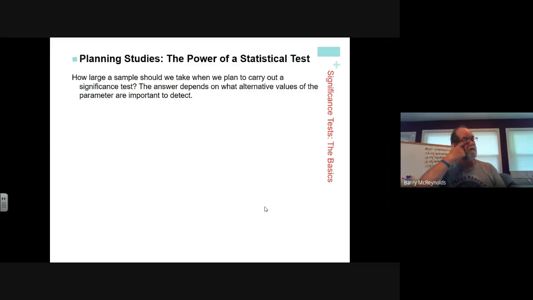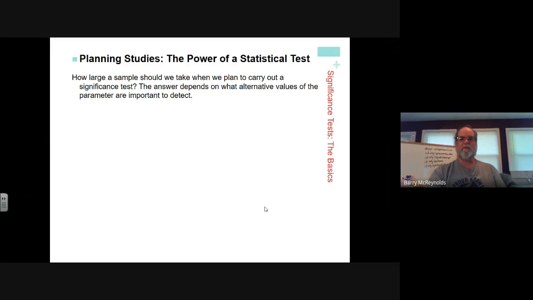So let's talk about the power and significance of these tests. We want to reduce the probability of type 1 error. So you could say, I always want to do a 99% confidence level test, which would have an alpha of 1%.